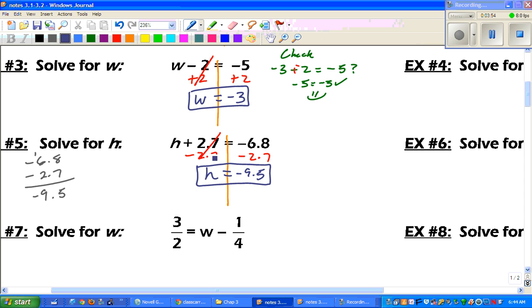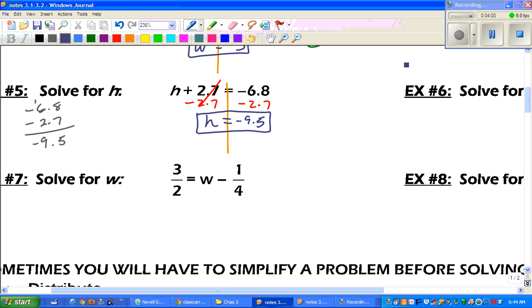Now, I'm not going to do the check on every single one of these, but you guys can do that to make sure that you get the right answer. Now, no matter what side the variable is on, we're going to do the same thing. Okay? So I have to add 1/4 to both sides to get the w by itself.